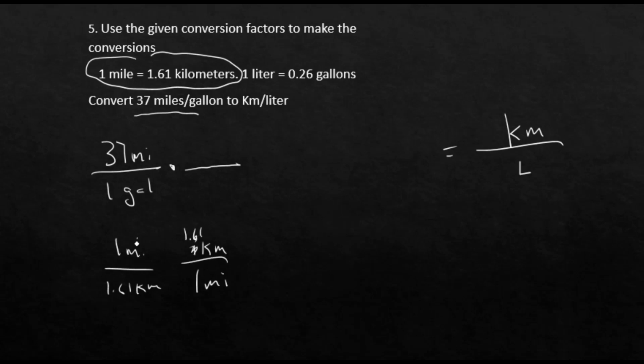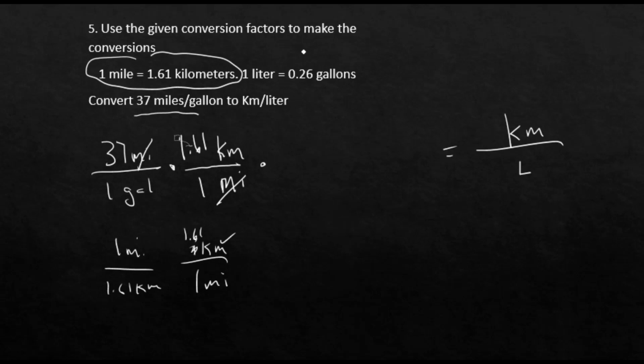Which way do I make this? And hopefully you said this way because you want the miles to cancel. And that gives you kilometers in the numerator. So that's 1.61 there, and 1 there. So now I have kilometers per gallon.